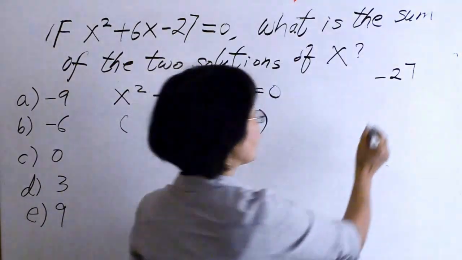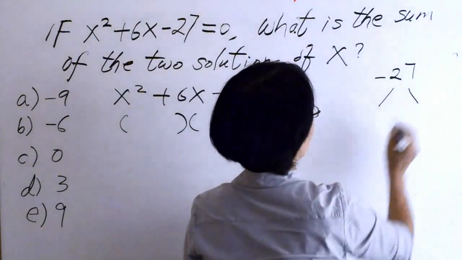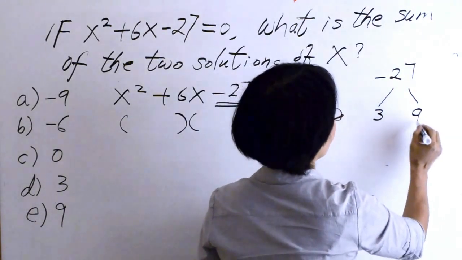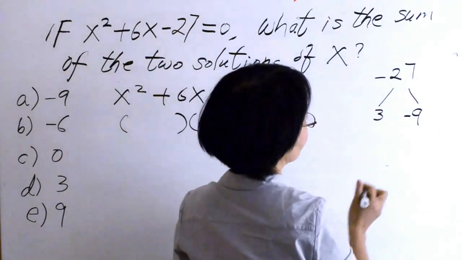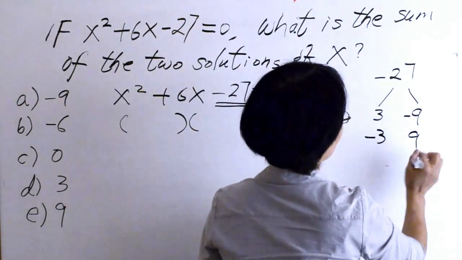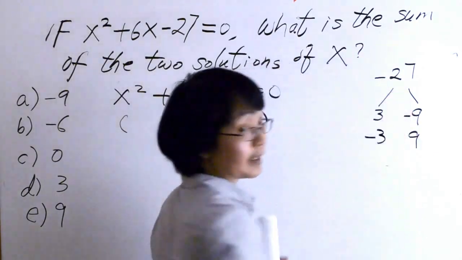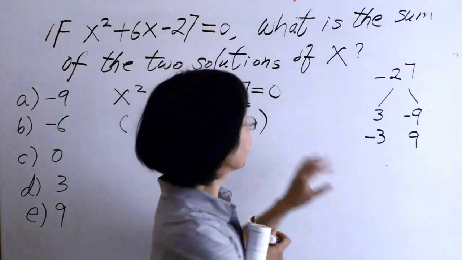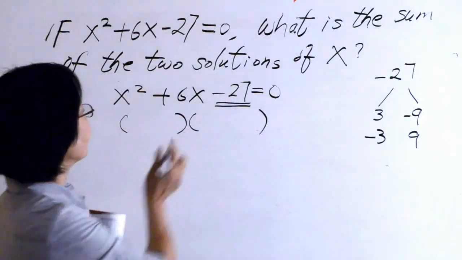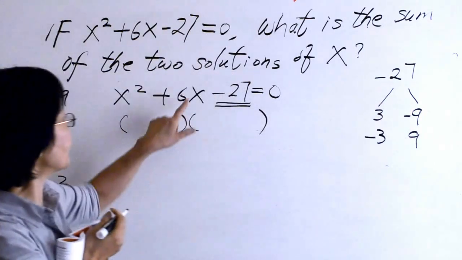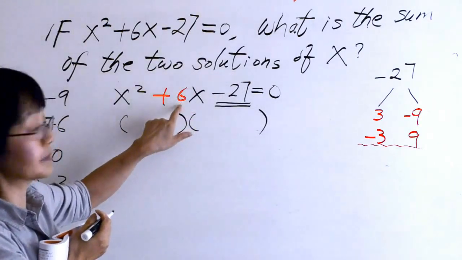So try to find two possible factors. You know that 3 times negative 9 will give me negative 27, or negative 3 multiplied by positive 9, negative 27 as well. So we want to pick pairs that, by adding the two numbers there, will give me the number of the middle term.